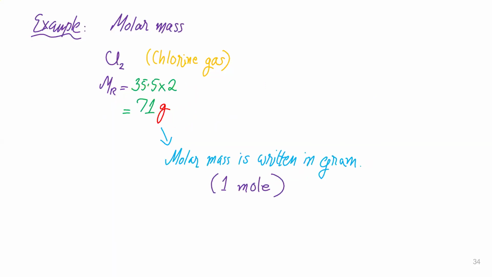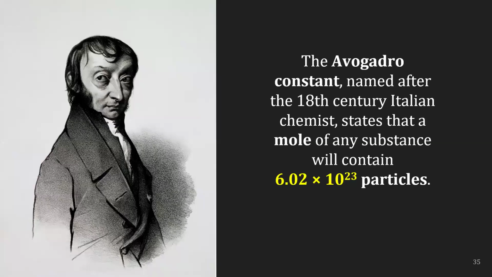You can say relative molecular mass in the case of a molecule, and for an atom you say relative atomic mass. For a molecule, it is molar mass, the relative molecular mass. For one element, it is relative atomic mass. Like here, when I talk about chlorine, there are 2 atoms of chlorine, so I say it's the molar mass, the mass of a mole.